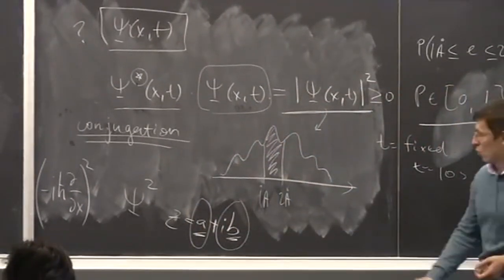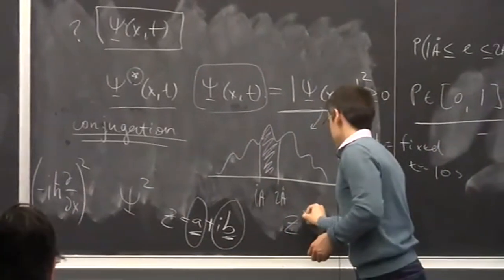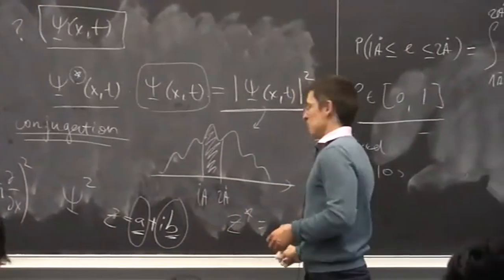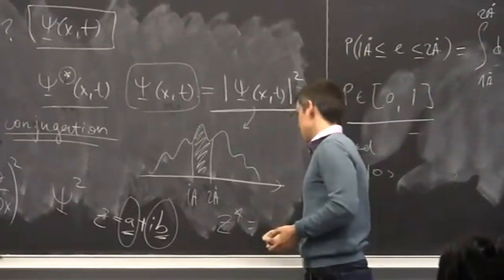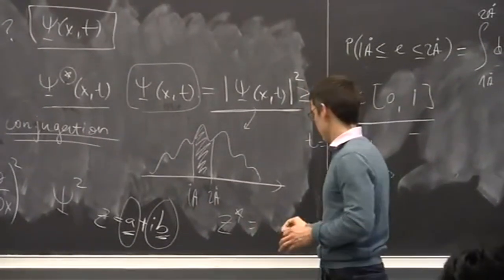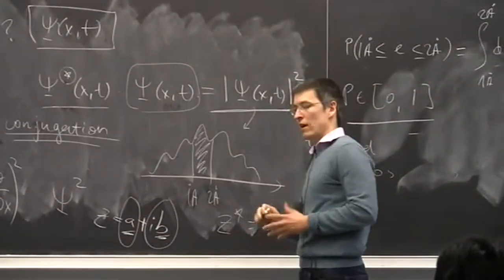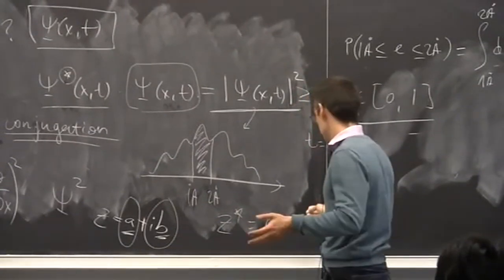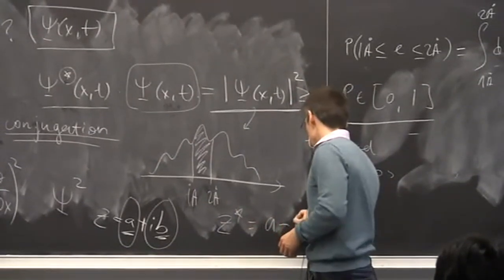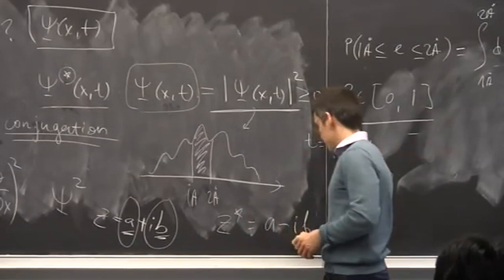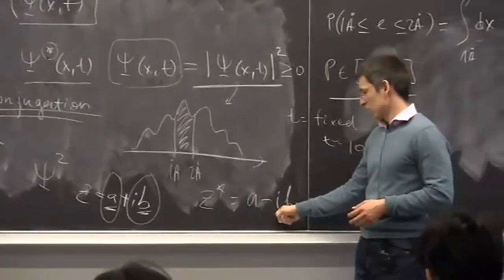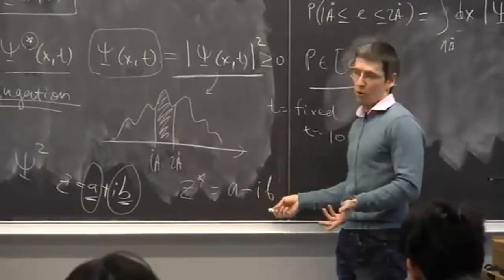Okay, so the conjugation operation, Z star, is a very simple operation. It's probably the simplest operation out there, because you don't need to add, subtract, or divide to do any of that. All you need is to substitute whatever sign was in front of the I with the opposite one.